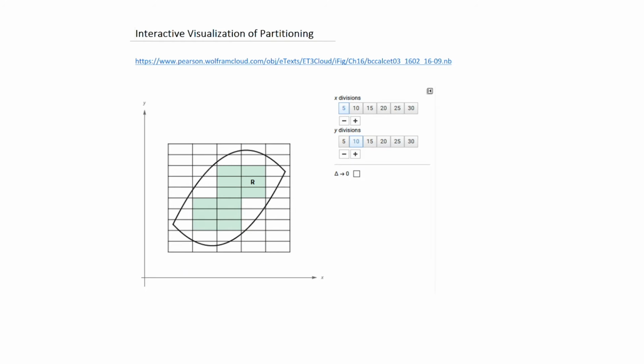All right, you can look at a discretization interactive simulation if you wish. You can get it at the URL, which is at the above, and you can play with a number of grids and things just to see how effectively you try to approximate the region.